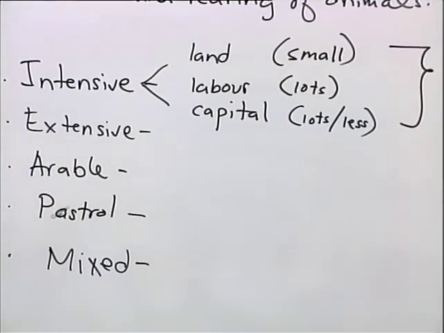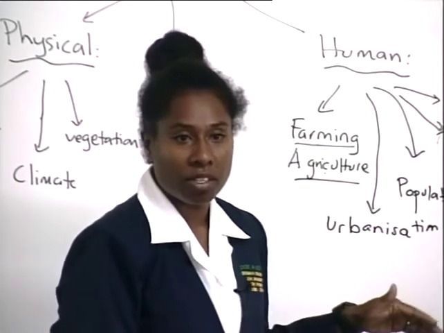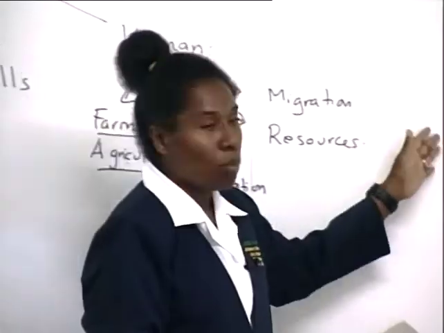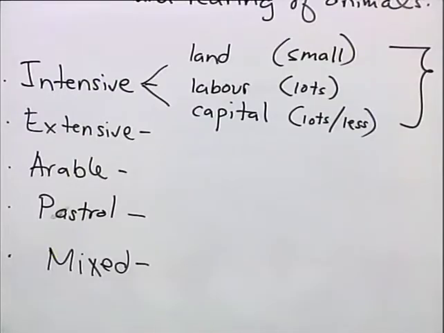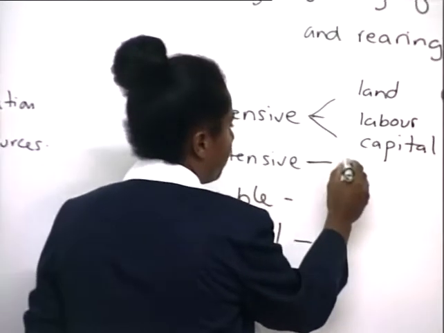Let's look at the opposite to intensive. What do you think would be extensive farming then? It's still to do with the ratio between land, labor, and capital. The entrepreneurial skills we don't require because those would be what the managers or the farmers would have in order for them to run their farms. How can we describe the extensive farming with land, labor, and capital? How can we describe land?